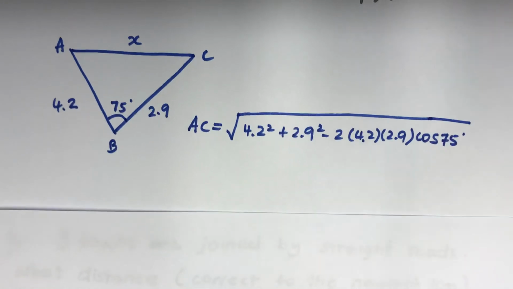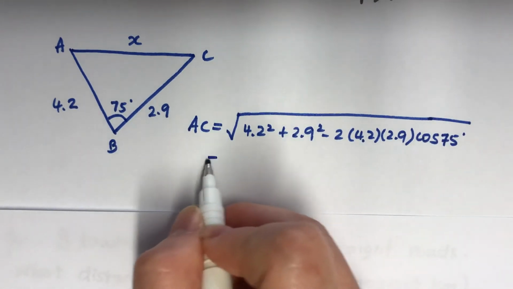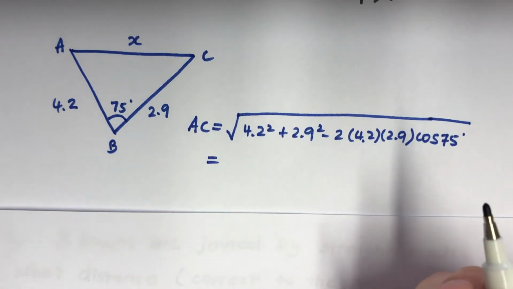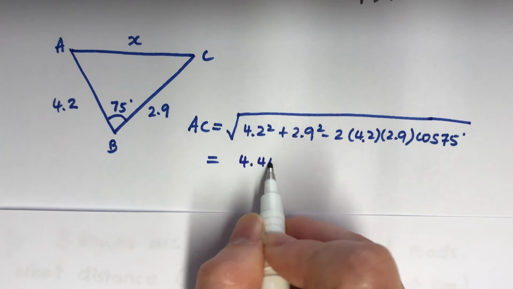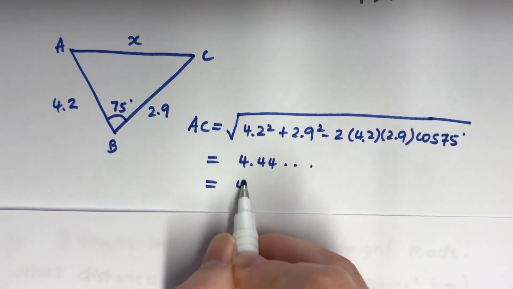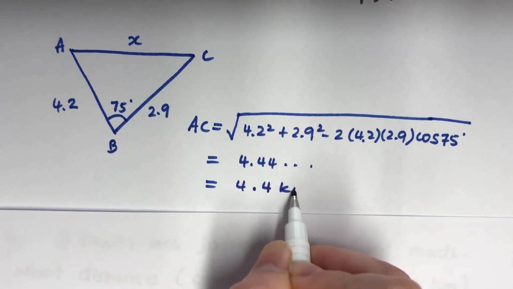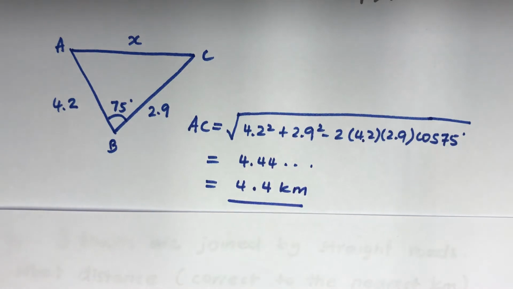Okay, if you don't know what I'm doing, because I'm using a bit of a shortcut, please have a look at my previous videos on cosine rule. Now, put that in your calculator, and to 1 decimal place, the answer is 4.4 kilometers.